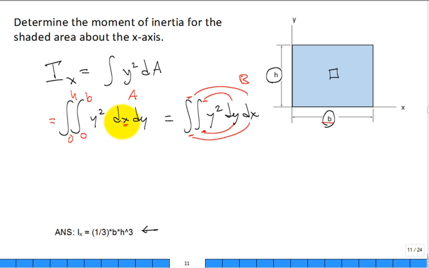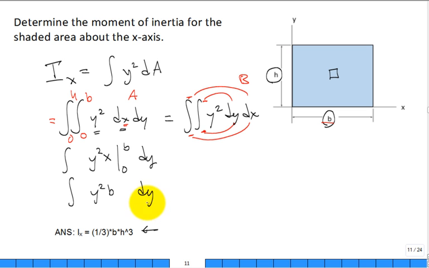All right, so if you integrate y squared with respect to x, what do you pick up? You pick up y squared x, evaluated from 0 to b, and so that becomes y squared b minus 0. Now we have the outer integral, dy, going from 0 to h.